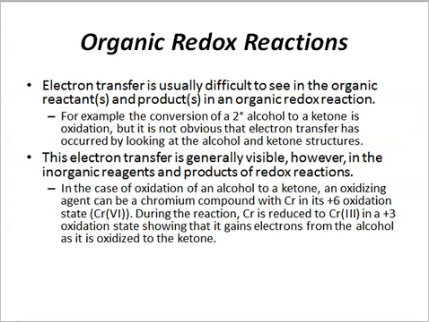So the positive charge has decreased in going from 6 to 3. It means the chromium has gained electrons. Since chromium has gained electrons, it means it has been reduced. So since chromium is reduced, the other species, our product, has been oxidized.